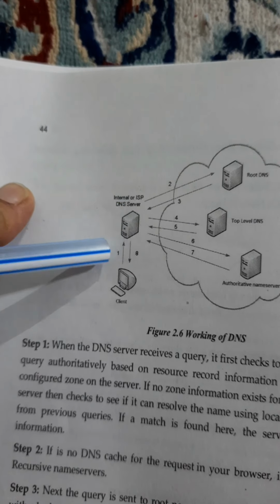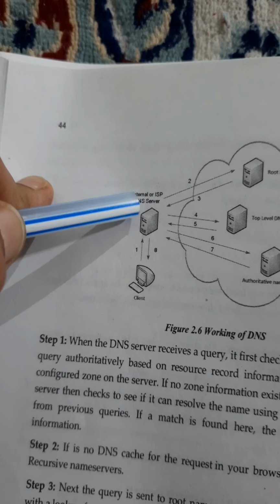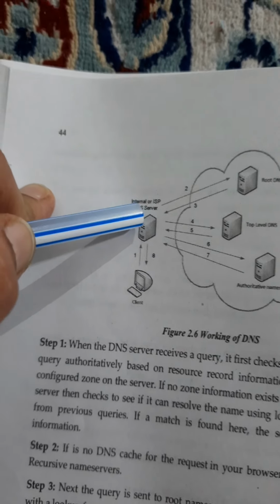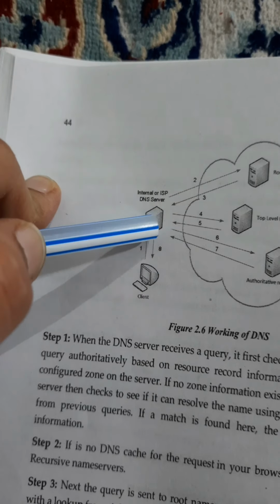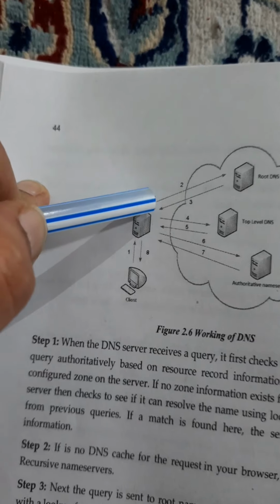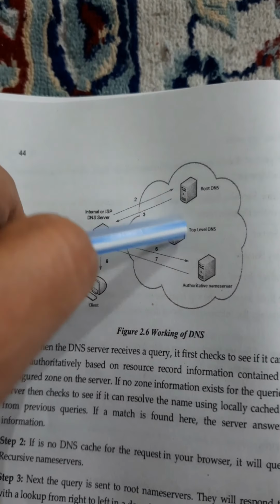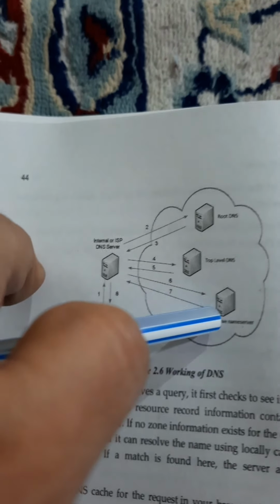For almost 98% of your queries, it has the IP address in its cache and will give it to you directly. Suppose it doesn't have it, then it will request these servers to give you the IP address for your request, that is amazon.com.